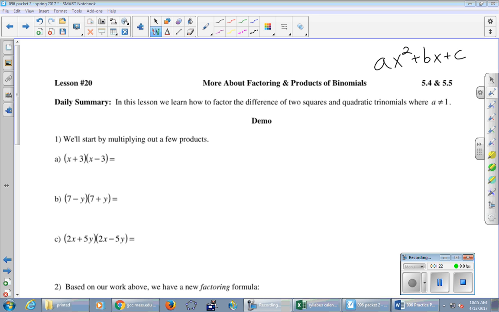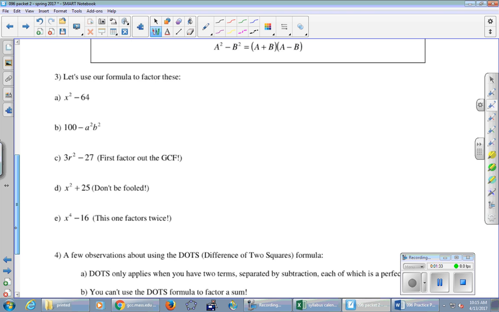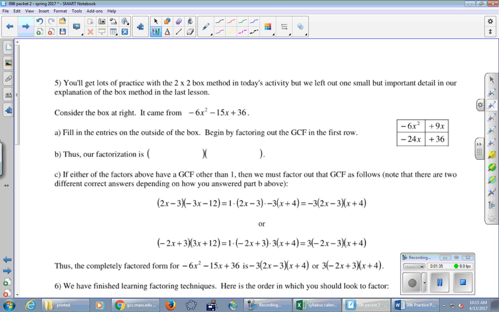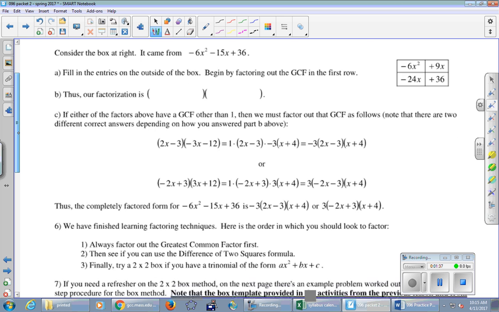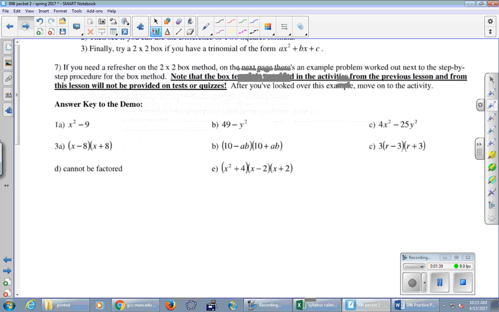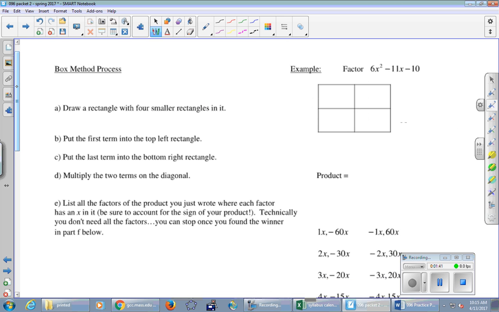But ax squared plus bx plus c, a is the first number, the number touching the x squared. So we'll talk about these guys. Before we do this, let's remind ourselves. Let's just jump in on the next page, 2 pages away actually, 163. Can we do this one to remind ourselves? It's been a week since we've done any factoring stuff together. So let's jump in here.